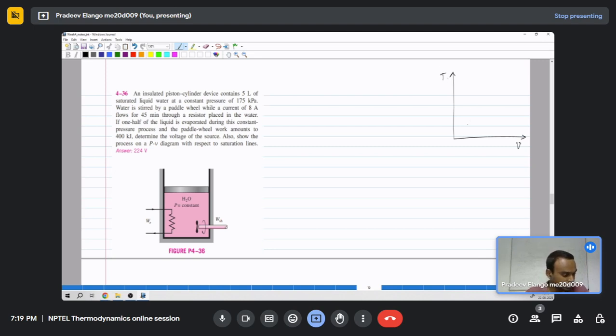First we will see it in a TV diagram. This is the saturation line. Initially it was on the saturated liquid line at a pressure of 175 kilopascal, and now it is heated at a constant pressure, and the final state is somewhere inside the saturation dome, where only half of the fluid has evaporated.